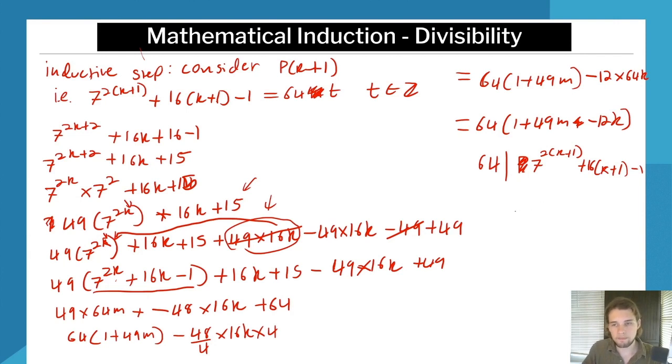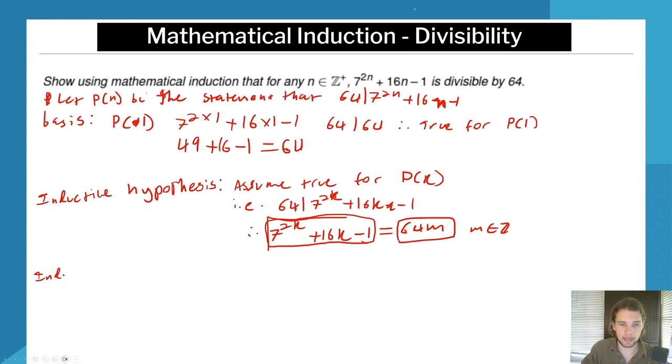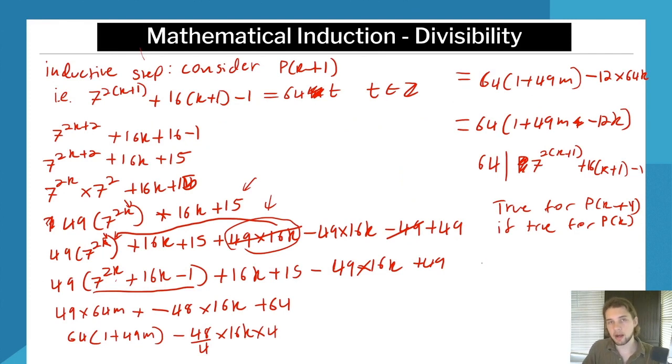Now, that means true for P(k+1) if true for P(k). That's because we used our assumption we made over here of P(k) to then prove P(k+1). So then we can write our final statement that we have to do for every mathematical induction.